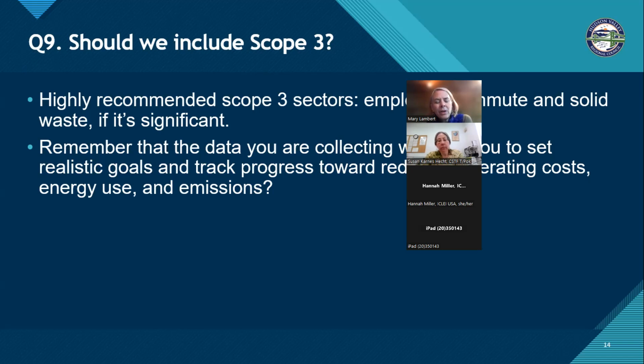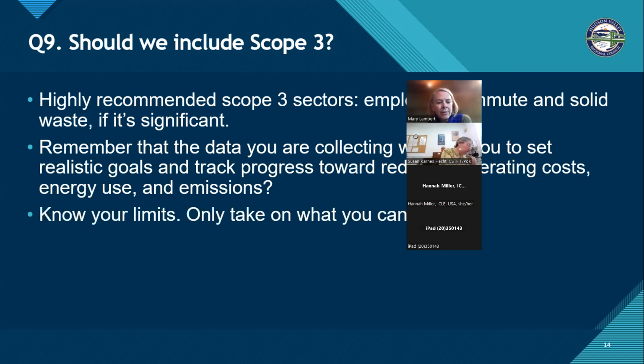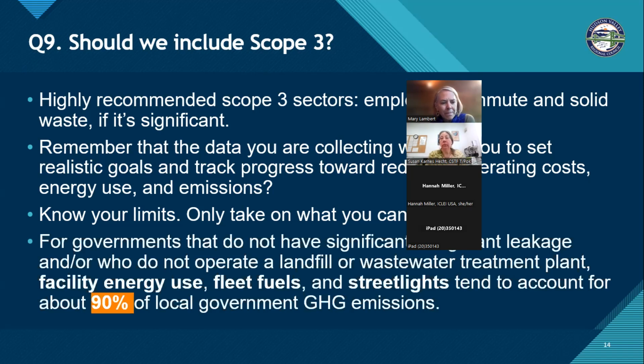This is a question you just want to ask yourselves: is it important for us to collect and report on this data in terms of managing our greenhouse gas reductions or managing costs moving forward? It's really up to you, but keep that question in mind as you make your decision. It's also a capacity question. If you can't do this work moving forward, then you should probably not do it at this point.